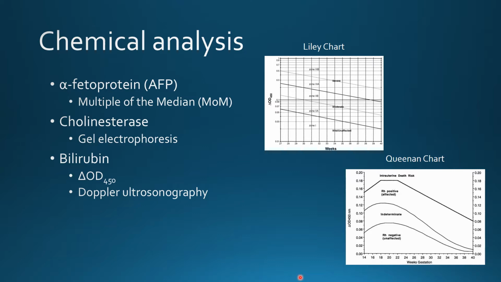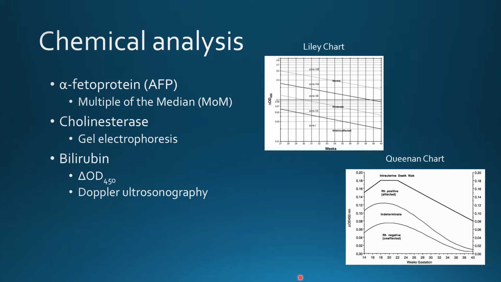So instead we use direct absorption spectrophotometry, and we set our spec at 450 nanometers, since that's what bilirubin absorbs light best at. And so we can look at the absorbance baseline.